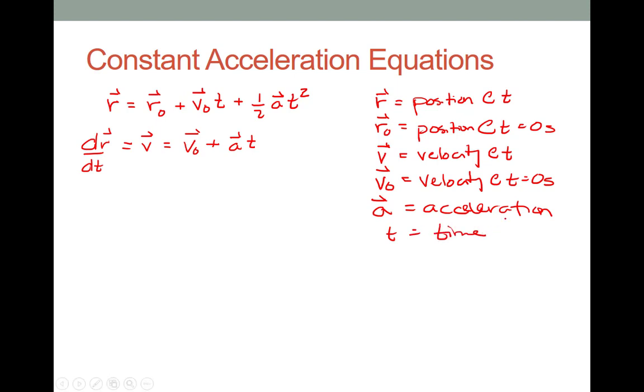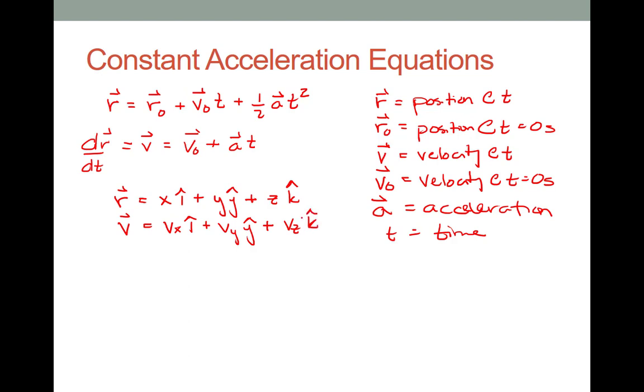Now, remembering that positions can be written as the location of an object in three-dimensional space, that'd be x i hat plus y j hat plus z k hat. And similarly, I can do the same with velocities. It would be an x component in the i hat direction plus a y component in the j hat direction plus a z component of the velocity in the k hat direction.